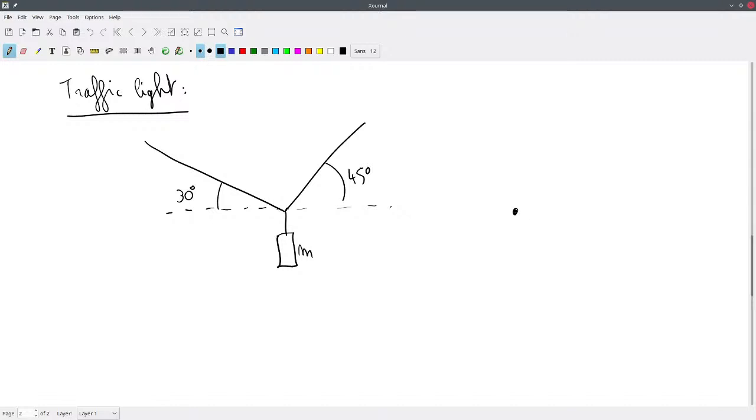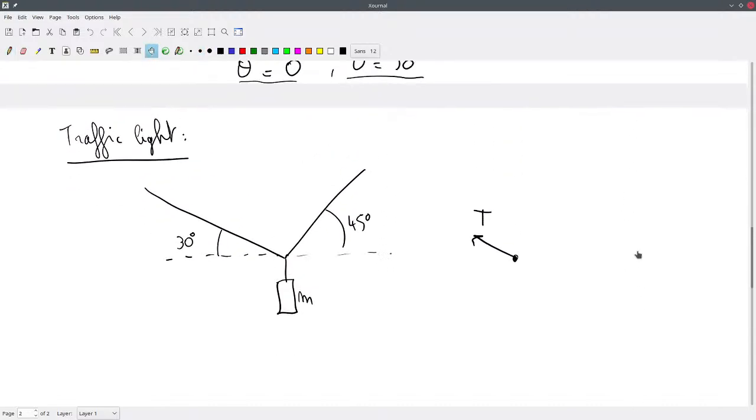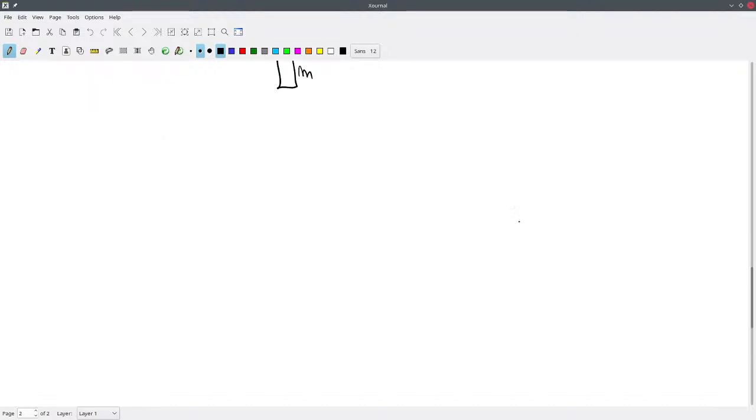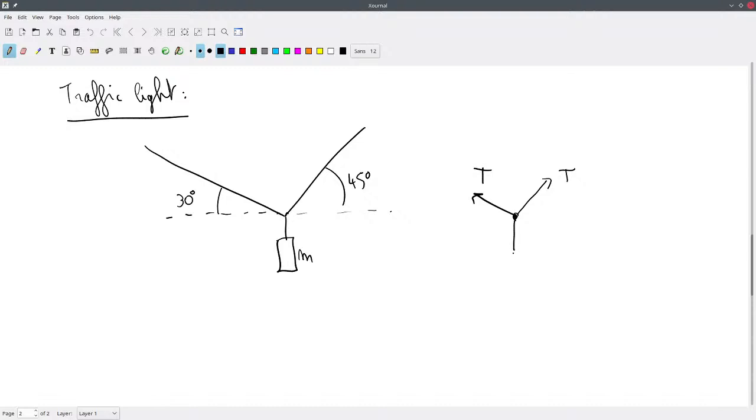So our free body diagram has one tension in this direction, one tension in this direction, and the mass, which gives us the weight downwards. This will be tension 1, tension 2, or tension left, tension right, whatever you want to call it. This will be 30 degrees, and this will be 45 degrees.